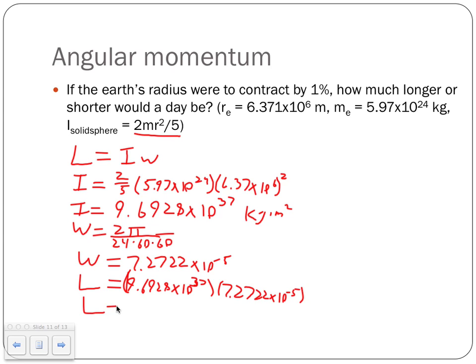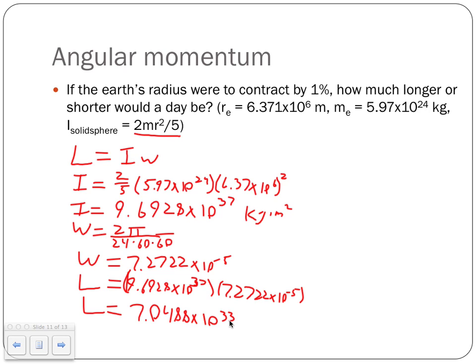And so we get an initial angular momentum of the Earth of 7.0488 times 10 to the 33rd. That's the angular momentum of the Earth to start with.